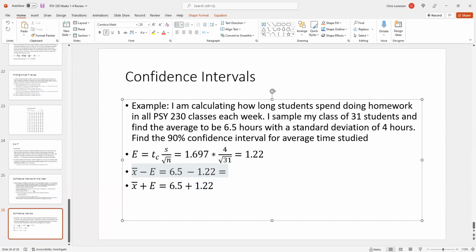It's going to give me my lower and my upper bounds here. This should be 6.28, sorry, 5.28. And this one should be 7.72. So then I would write out my confidence interval, 5.28, 7.72, and then I have my 90% confidence interval for how long students spend studying for PSY 230 on average.